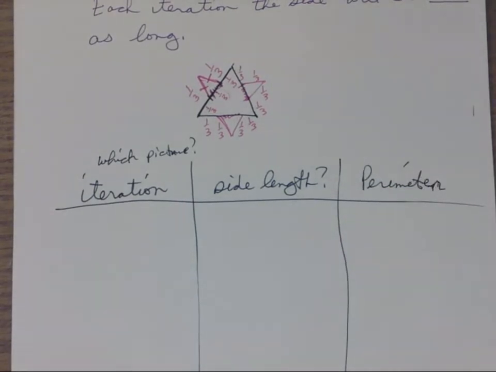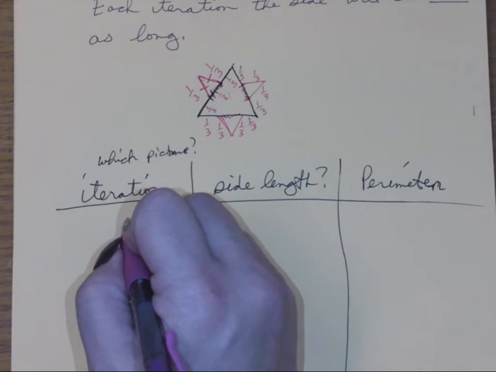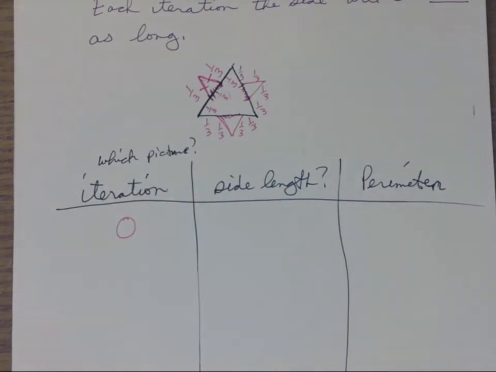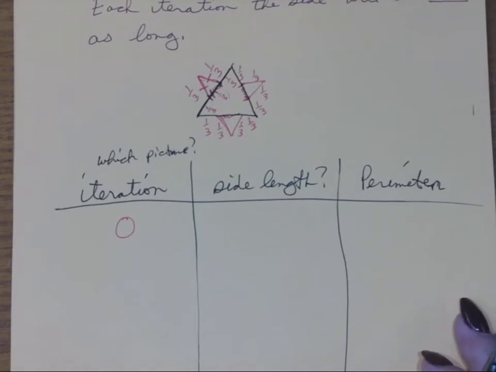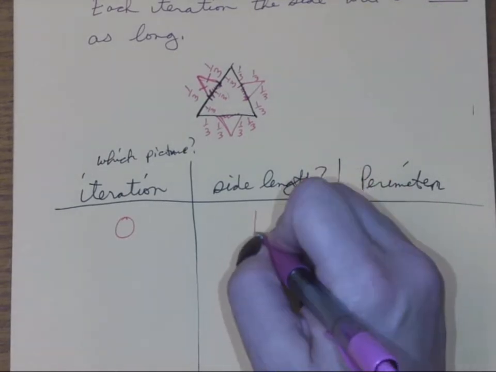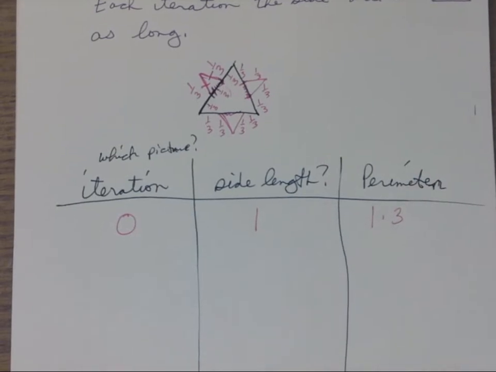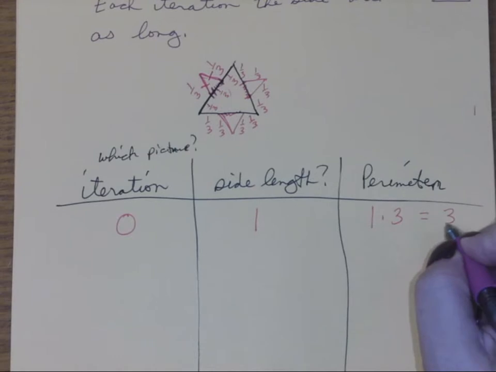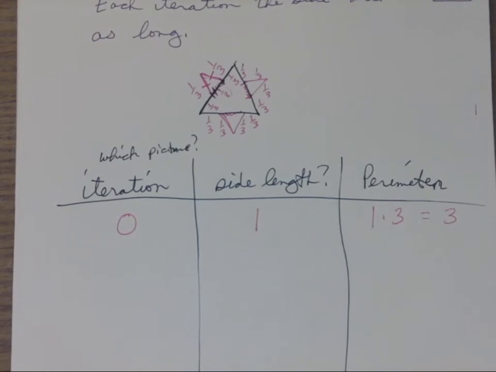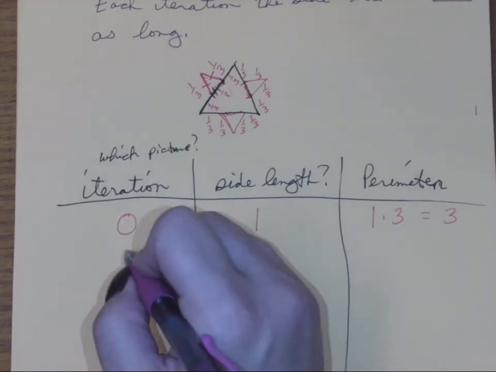Alright, so at time t equals 0, or on the first picture before I start anything, nothing has happened. That's called your initial step a lot of the times. That side length was a 1, and the perimeter was 1 times 3. Everybody agree? Because one side was 1, and then for the perimeter, there were 3 of them, so I got a 3. Okay, what happened after the first division?